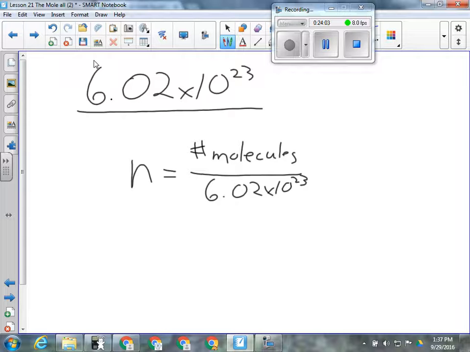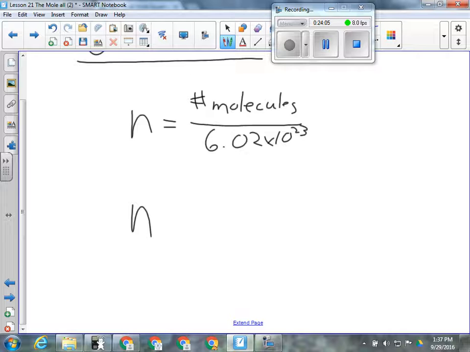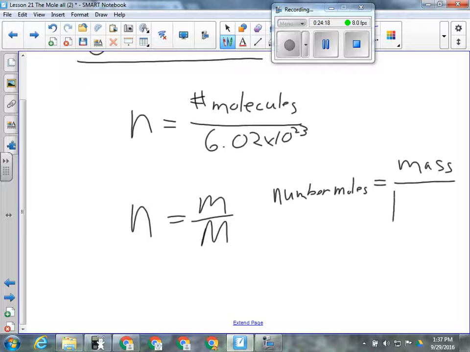Okay, so in the mole equation, N equals little m over big M. That means number of moles equals mass over molar mass.